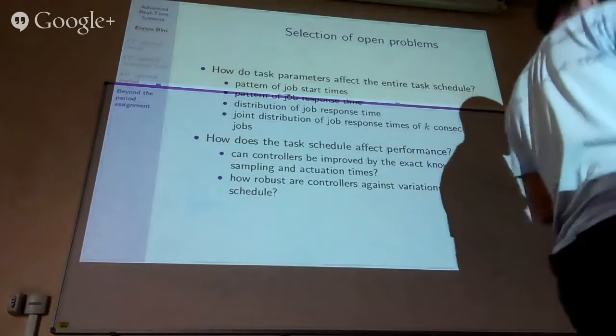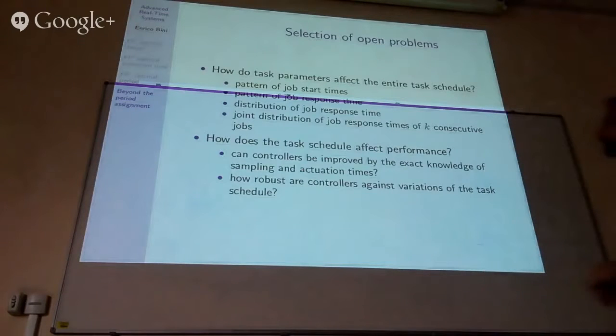And then from the performance function perspective, which has more to do with the application domain, with the control, if you want: can the controller design be improved by exact knowledge of the pattern? As I told you before, control people tend to work with this kind of instantaneous model of sampling and actuation.